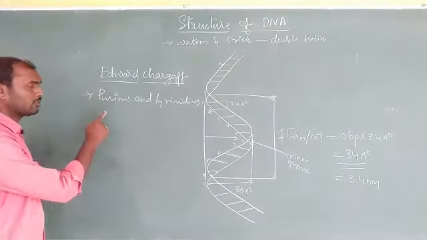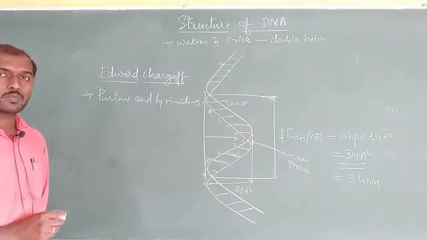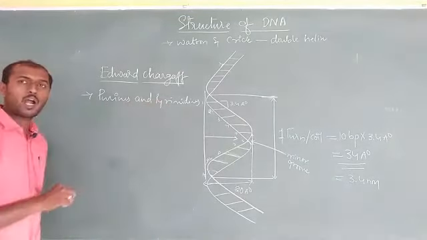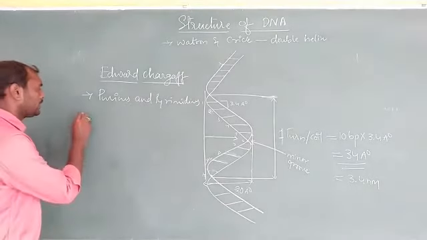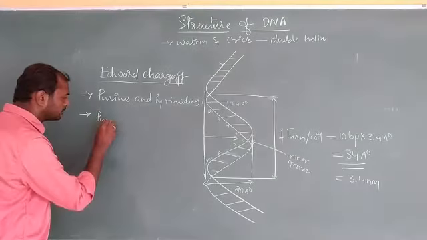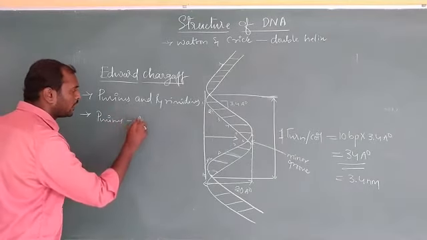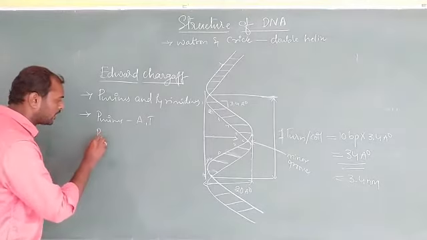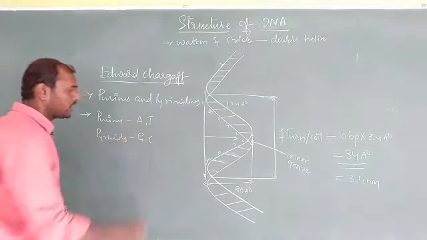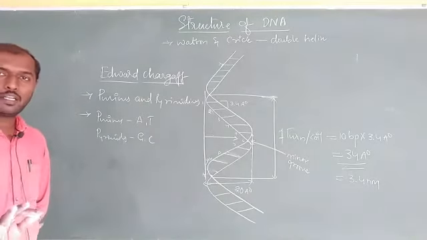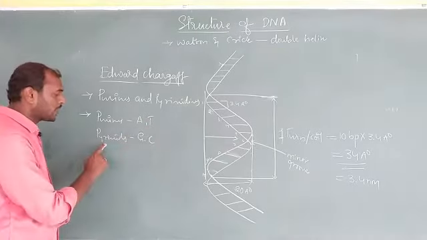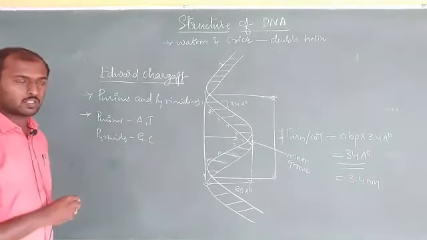According to Edward Chargaff, all DNA is made of purines and pyrimidines. Second, purines are A and G, and pyrimidines are T and C. In DNA, purines A and G are there, and pyrimidines T and C are there, he said.